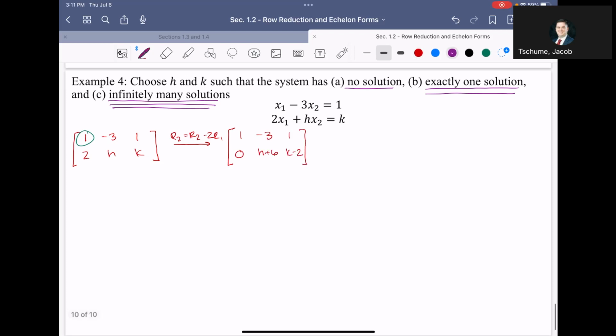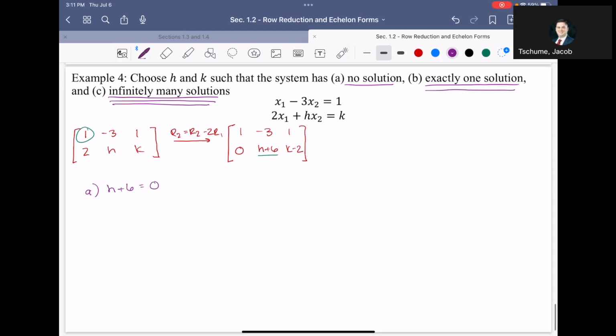So now let's see if we can answer each question. Beginning with no solution, or part A, we talked about in the last video that the only time you will see no solution is if you can force the pivot position first has to be 0. So that next pivot position down, the H plus 6 must equal 0, guaranteed. So if you solve that, we know immediately that H must be -6. But not only that, as we've now seen, the K minus 2 right next to it cannot be 0.